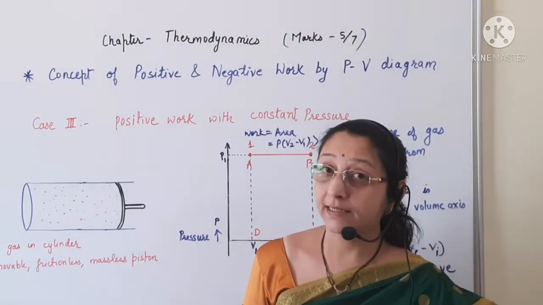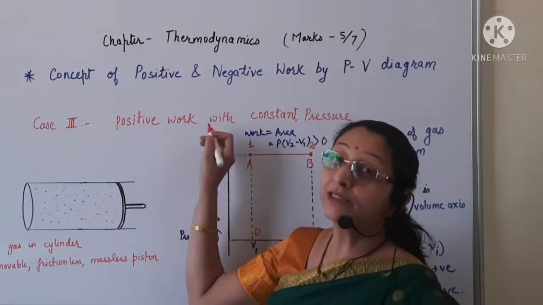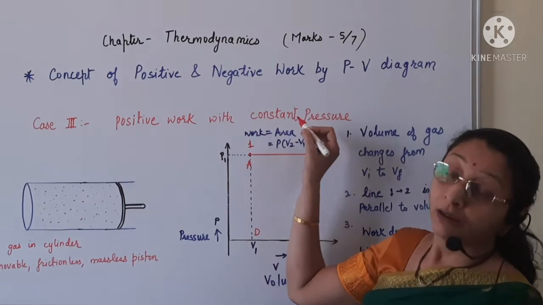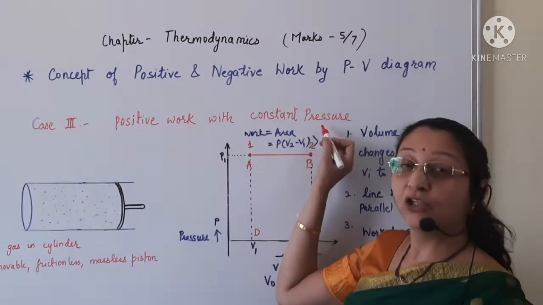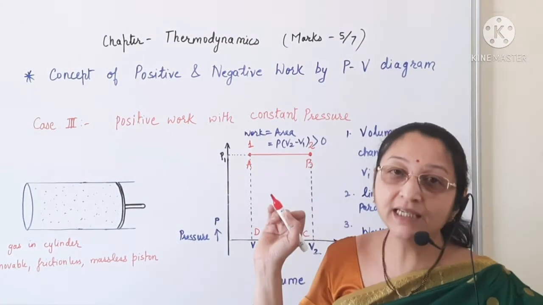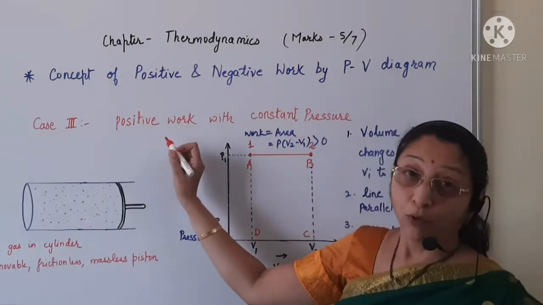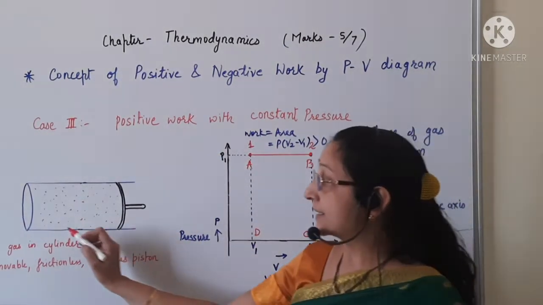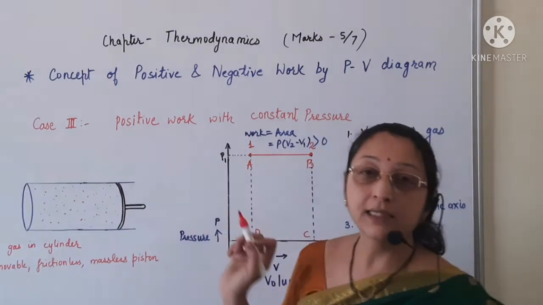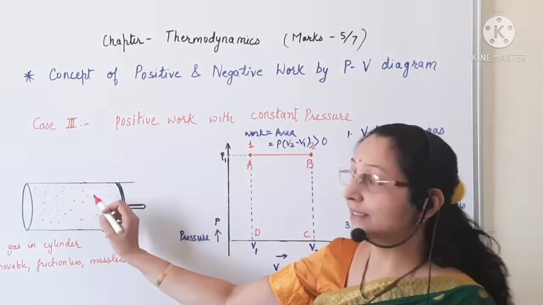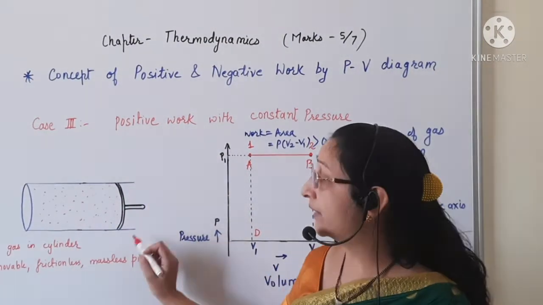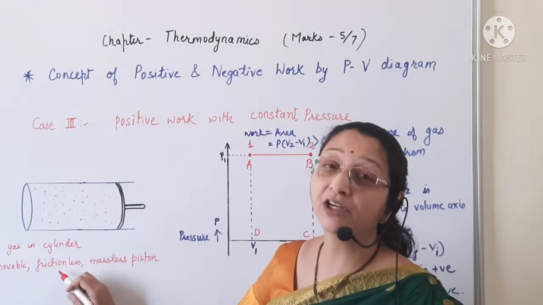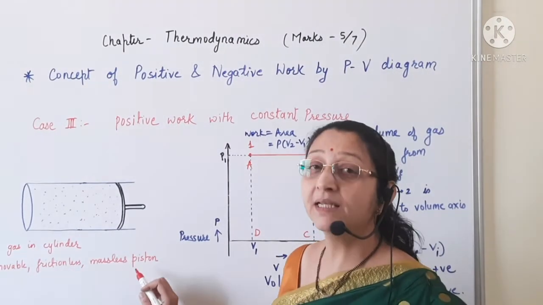In the third case, we are discussing positive work at constant pressure, that is, when the pressure remains constant and the volume is increasing. Here again is the cylinder, with gas enclosed inside a cylinder fitted with a movable, frictionless and massless piston.